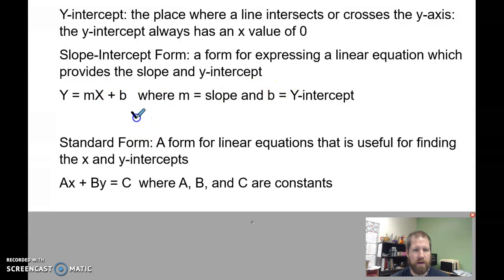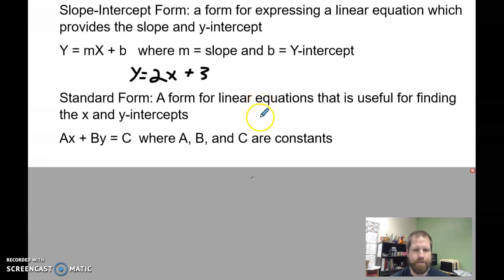So this might look like y equals 2x plus 3, and you can remember from systems of equations or even our multi-step equations, this is a pretty common form that we're used to, and having this y isolated and alone over here is what helps us with solving our systems of equations as well. So it's a really powerful form. It saves us a lot of time, and there's a lot that we can tell from it just by looking at it.